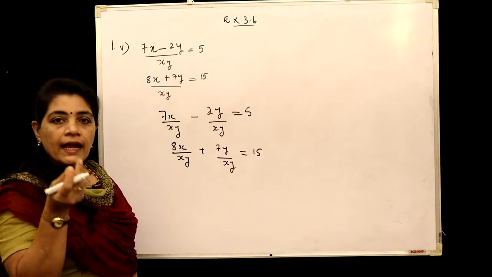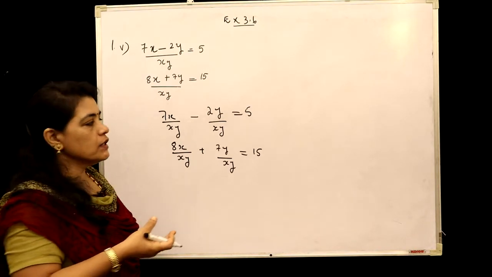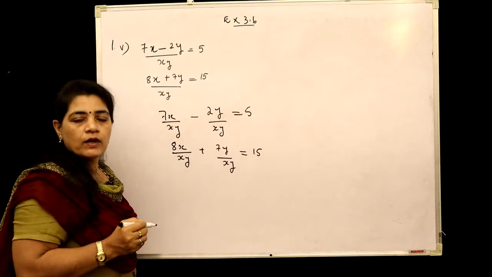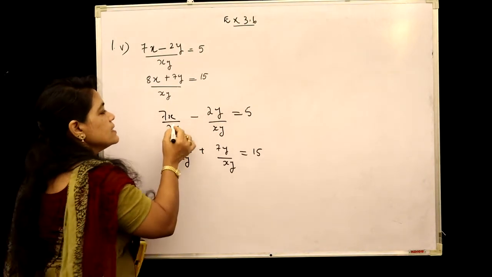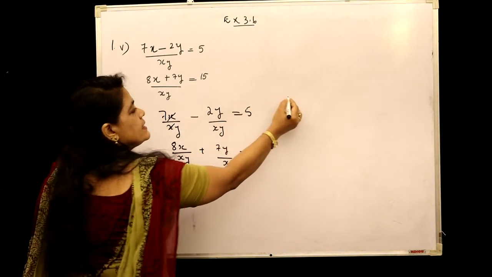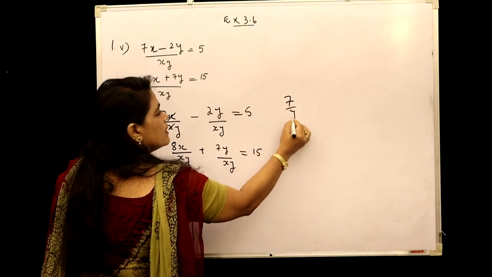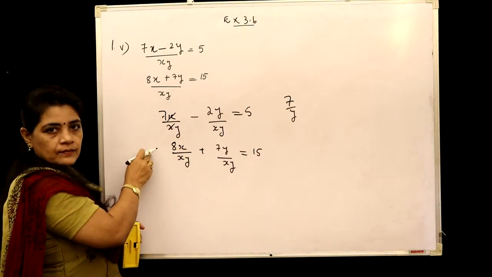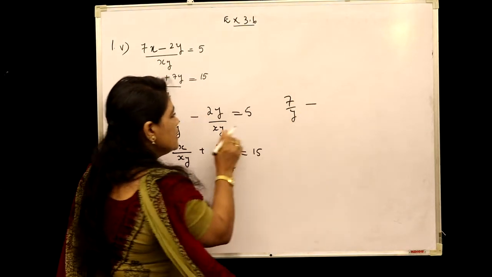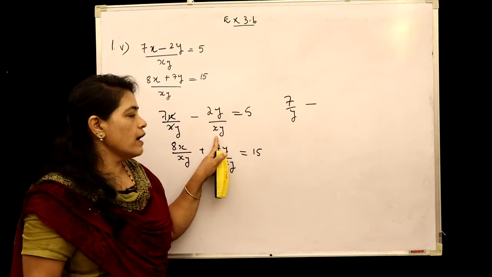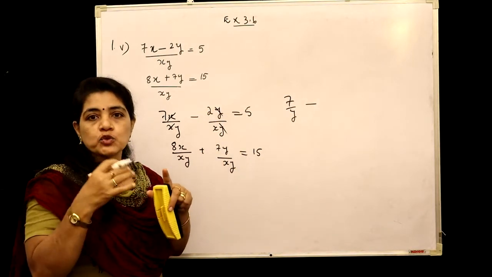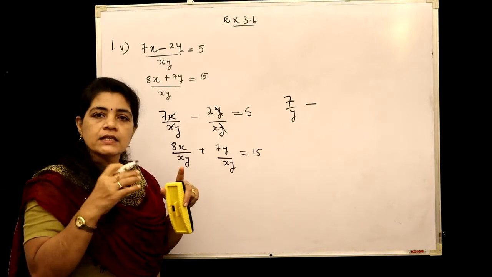Understood? In the next step, look into the new equations. That is 7x divided by xy. From this term you can cancel x, so it will become 7 by y. After cancelling x from both numerator and denominator, minus, here see children, 2y divided by xy. Y gets cancelled: 2y means 2 into y, and xy is x into y.